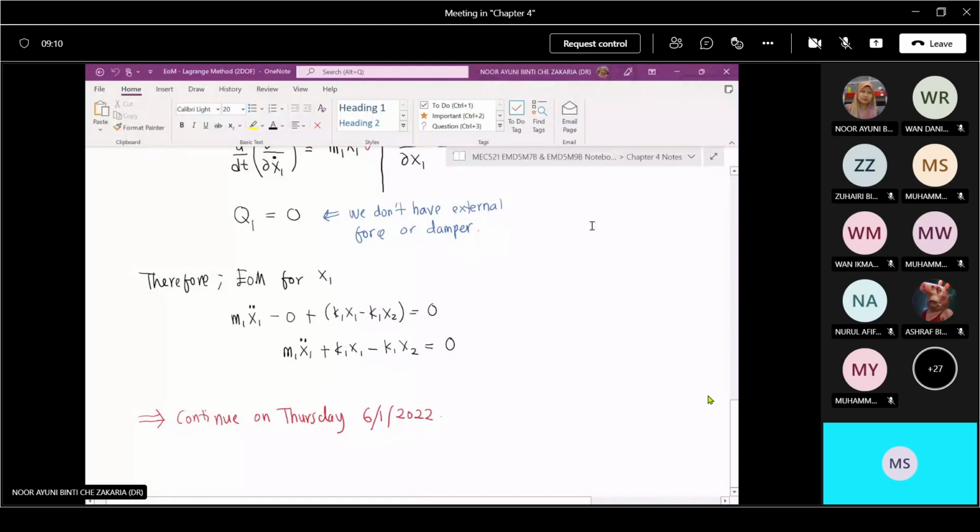Okay, so can you see my notes? Boleh nampak? Saya punya OneNote. So we'll stop until the first example, I think.